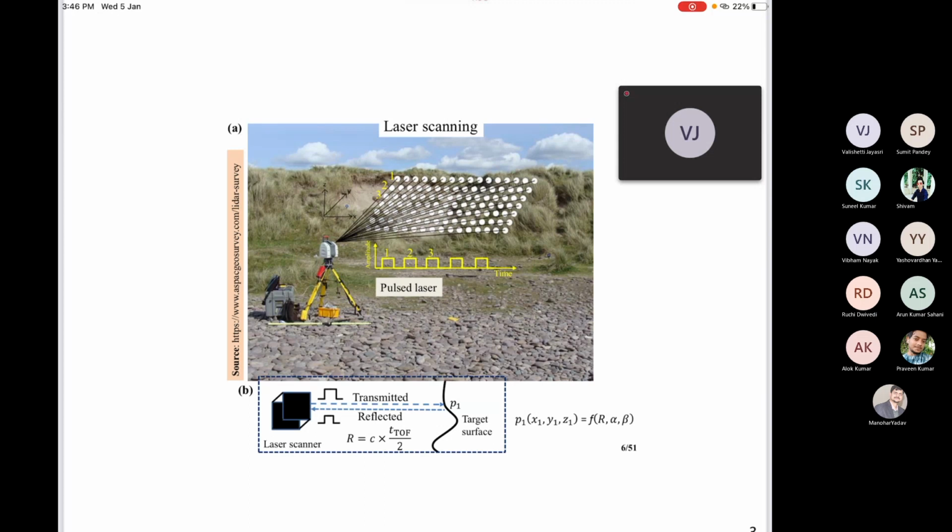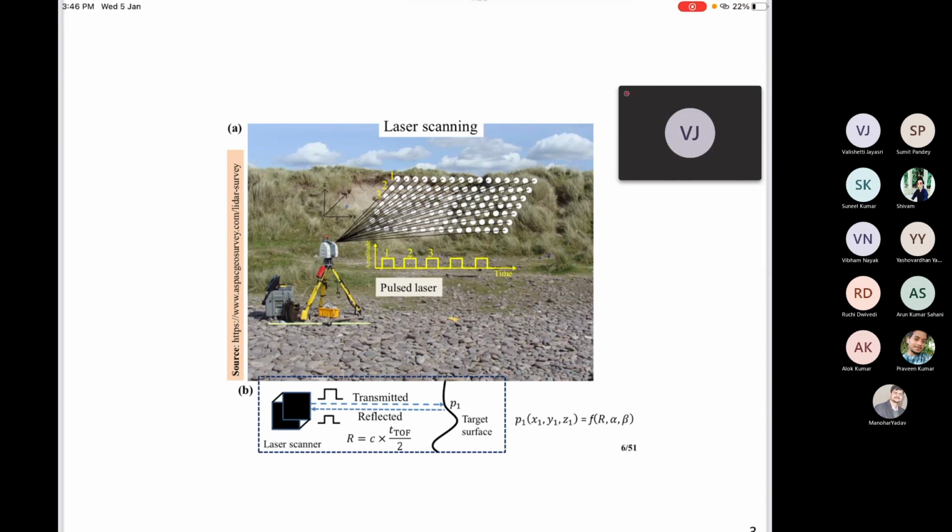the working principle is explained. Once you switch on the laser scanner, it starts firing continuous laser pulses as shown in the diagram in figure A. At a certain speed after switching on the LiDAR system, it starts firing the laser pulses in different directions.